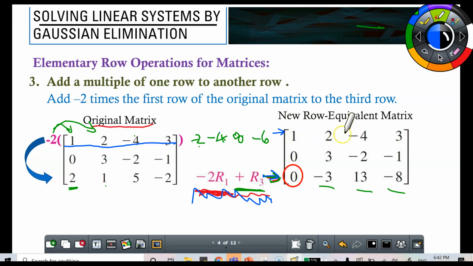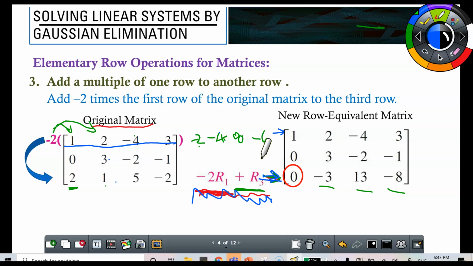So the first row still has the old numbers. So both of these slides told us you can multiply an entire row by a number and then add between the rows, and you can get the new row in the matrix.